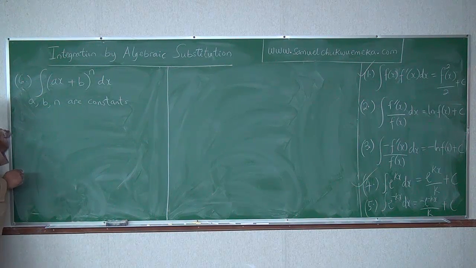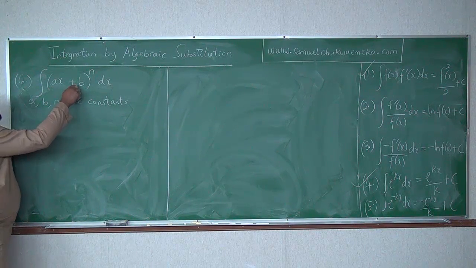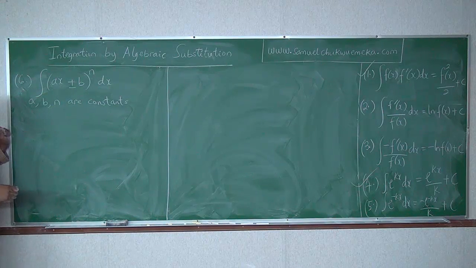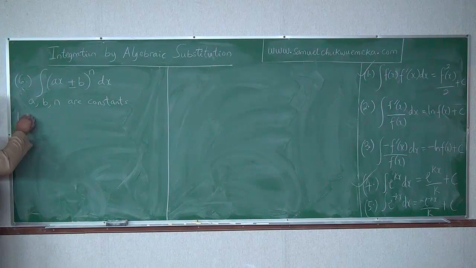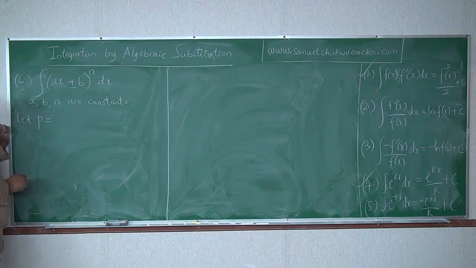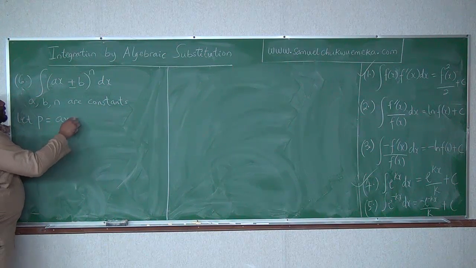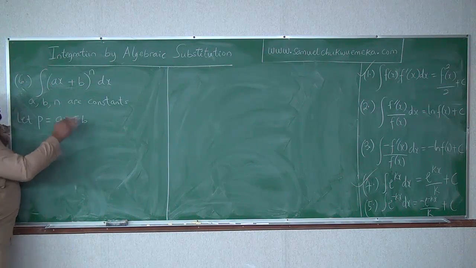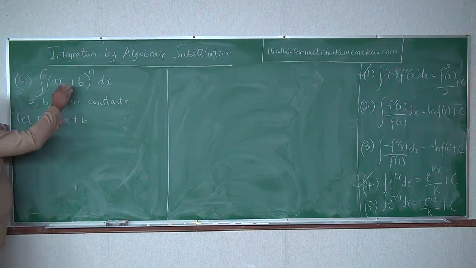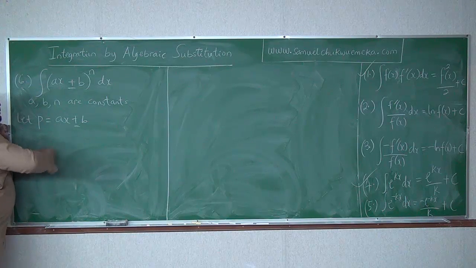You know what, actually you can put this to be plus or minus b. It will still work. Okay, but let's do that. So now, if you have something like this, let p be ax plus b. For now, let's just put ax plus b, that's fine. Or let me put plus minus, it doesn't matter.